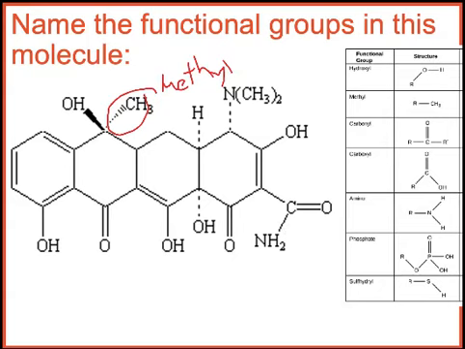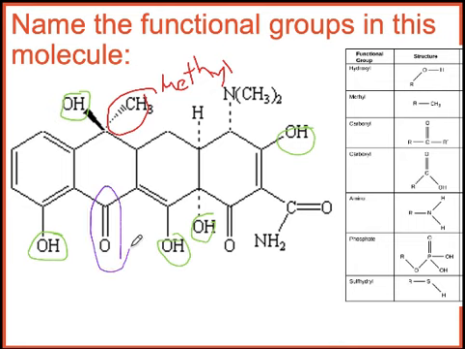Okay, what else do I see? I see an OH, another OH. I see a carbonyl, another carbonyl, and they're not special ones. Remember, I'm always looking out for this in case it's a carboxyl, but it's not in this case.